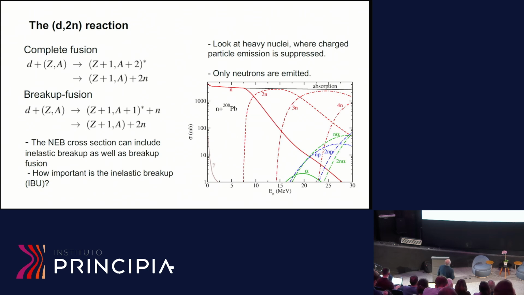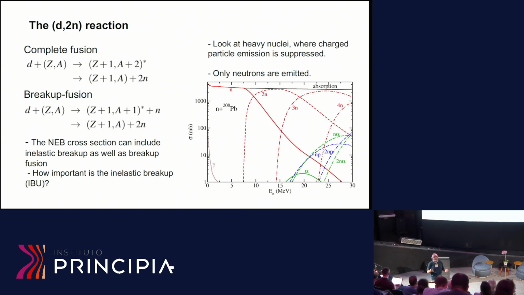We also want to take a look, if we can, at another question. Remember, I broke up the cross-section into an elastic breakup and a non-elastic breakup. Well, the non-elastic breakup is everything else. It could be inelastic breakup. It could be anything, transfer. And so what we want to do is to have an idea of what else could be included in the cross-section.